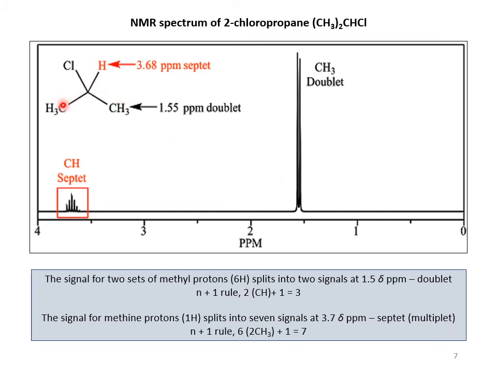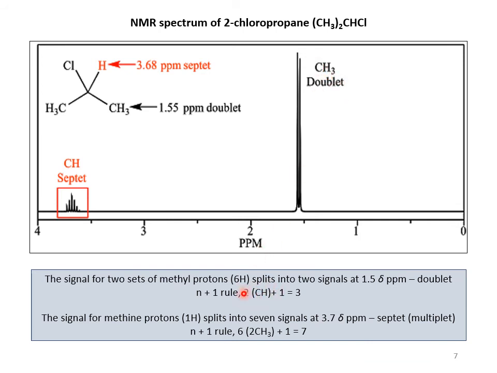Coming to the signal for these two methyl groups, in total there are 6 protons. Since these two methyl groups are chemically equivalent, the signal for these two methyl groups will be only 1, which corresponds to 6 protons. And since the adjacent carbon atom has 1 proton, the signal for these two methyl groups splits into a doublet. Earlier I said 2 plus 1, 3, but actually it should be 1 plus 1.